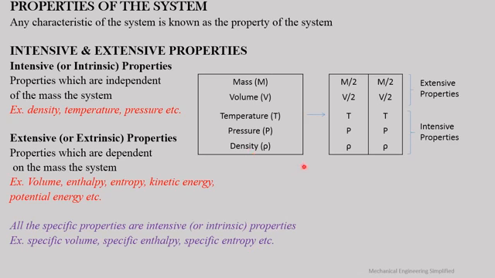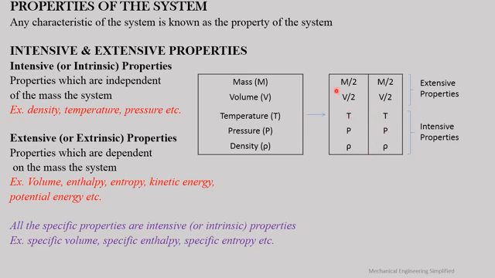See, we have a system in which we have a substance having mass m, volume V, temperature T, pressure P, and density rho, and we divide that system by making a partition. Then we note that the mass in each section gets half, volume gets half, and temperature, pressure, and density remain the same.